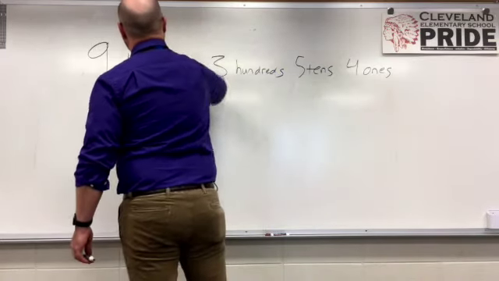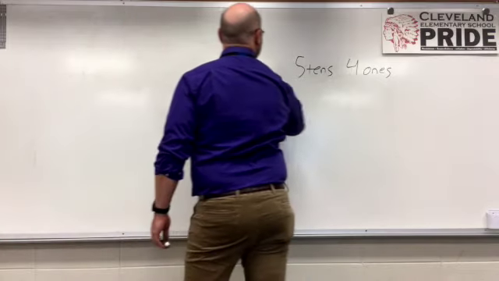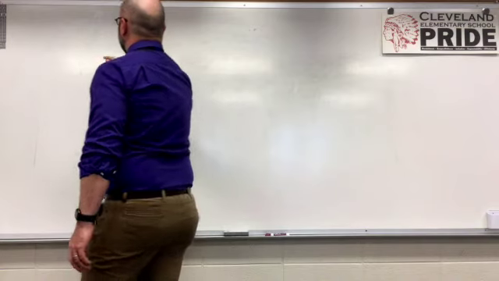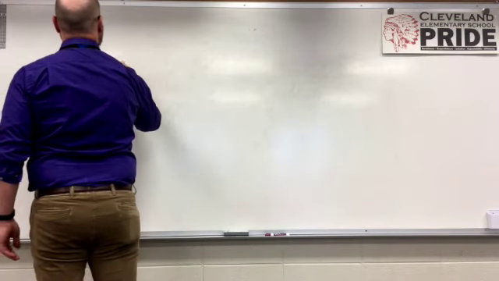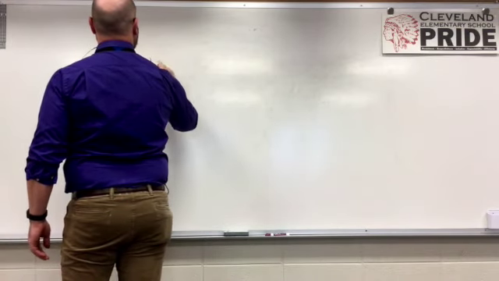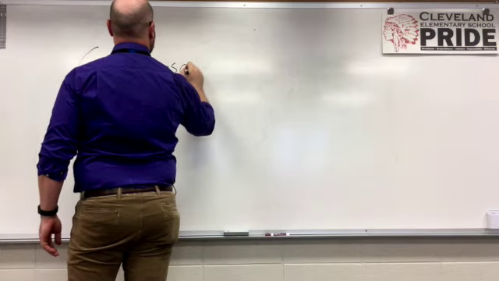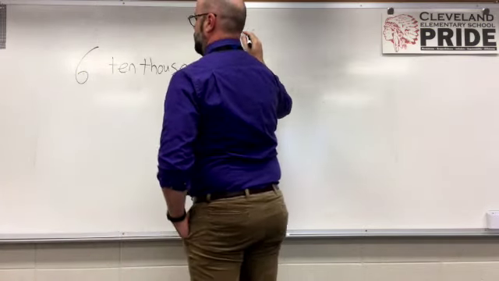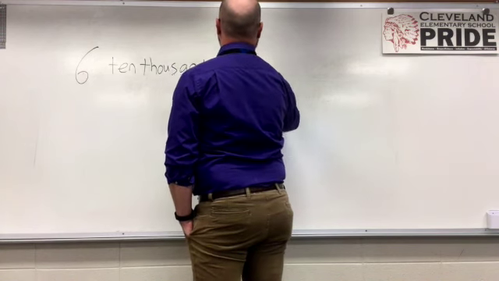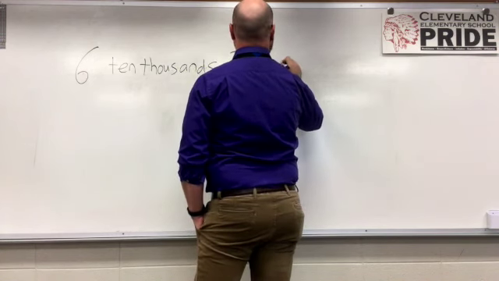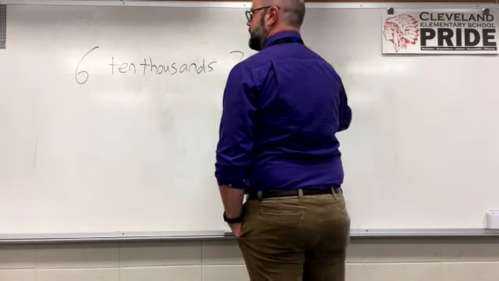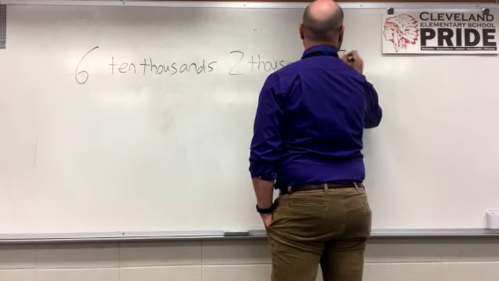Now I want us to look at some more word form numbers. And we're going to do 6 10,000s, 2,000s, 700s.